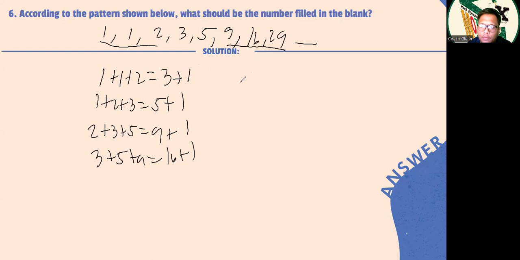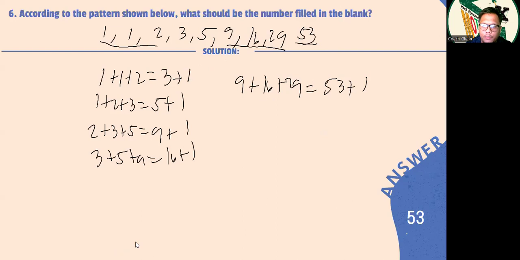So we just need to do this one. 9 plus 16 plus 29. So 9 plus 16 is equal to 25. 25 plus 29 is equal to 54. So that means we need here 53 plus 1. So the answer here should be 53. Okay, let's check. Yep.